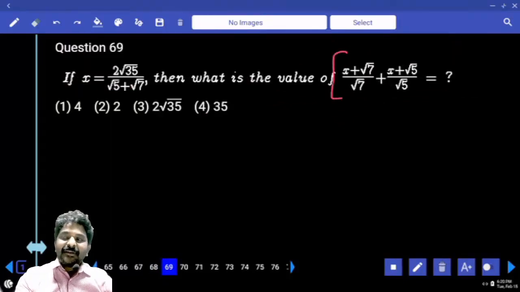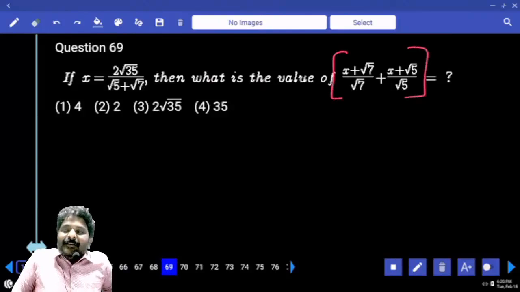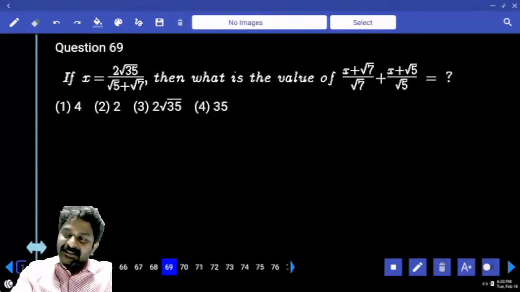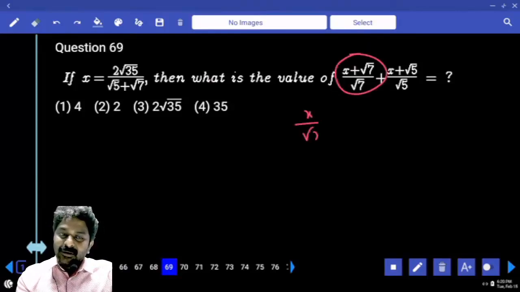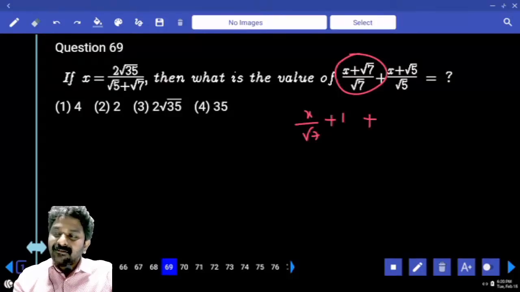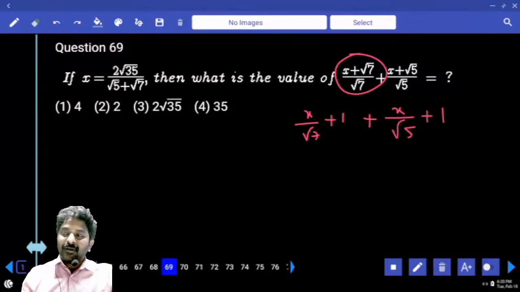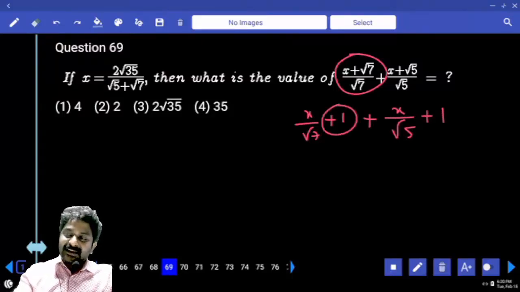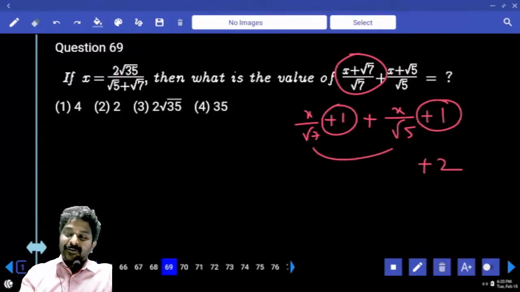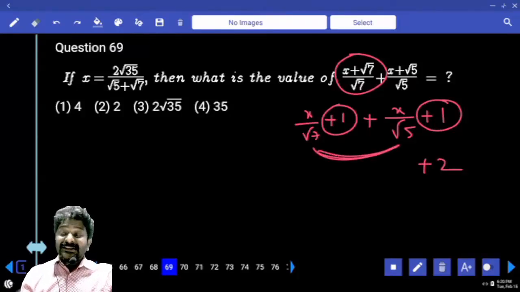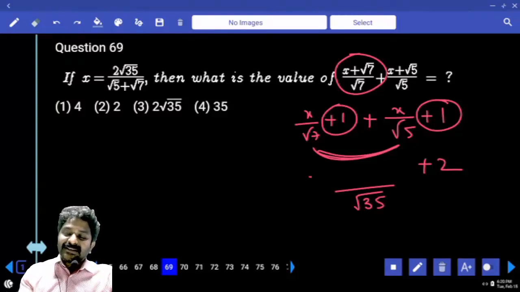So now x value is given and we were asked to calculate this fellow, correct? Now I first simplify this as x by root 7 plus 1, root 7 by root 7, and the other value x by root 5 plus root 5 by root 5. Keep constants aside, plus 1 plus 2, keep it separate. For these two numbers take LCM. LCM becomes root 7 into root 5, that is root 35 only. In the numerator you have x common, right?